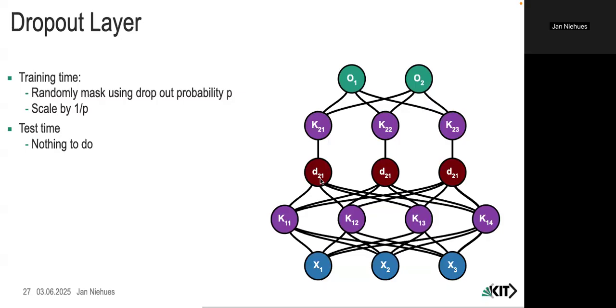So what you're doing is you're multiplying by 1 divided by p during training, because then everything is 1 divided by p larger. And then during test time, you would have to multiply it with p times 1 divided by p, which is 1, which means we have to do nothing. But that's more like an implementation detail.